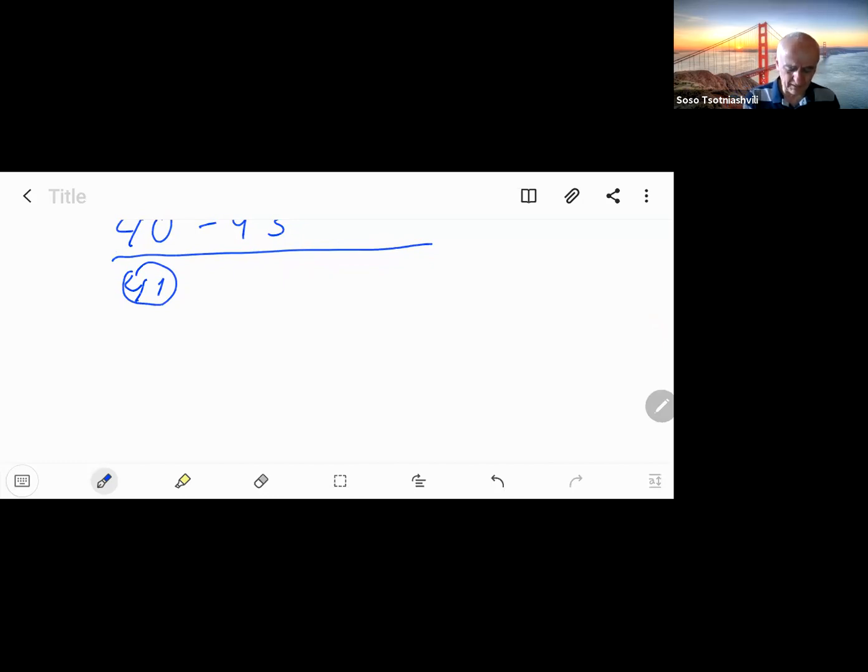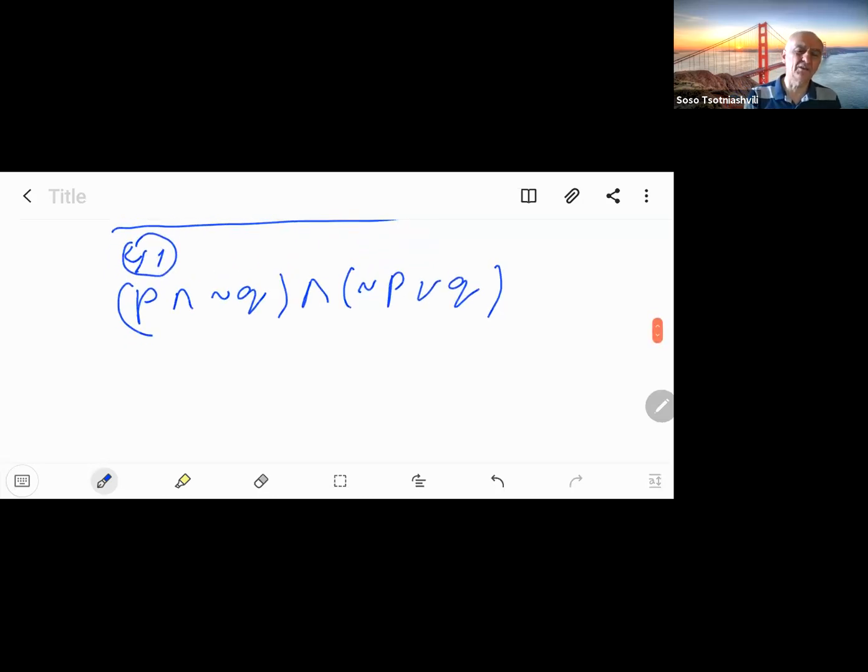Okay, now let's do 41. What we have here: P and not Q, and not P or Q. So we need to construct a truth table.